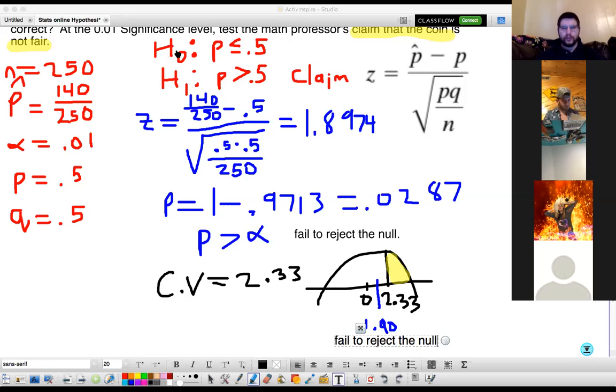TI users, you're in luck. Just type in the stuff and you're done. So we're going to go to stat, test, number 5. P was 0.5. X, remember, is this numerator here. If we don't have this numerator and we have a percentage, we'd multiply it times n and round.